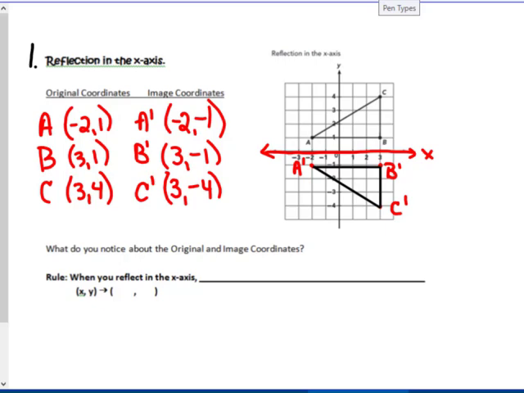So what do you notice about the original image and its coordinates? The x values remained the same, right? The x coordinates are the same.